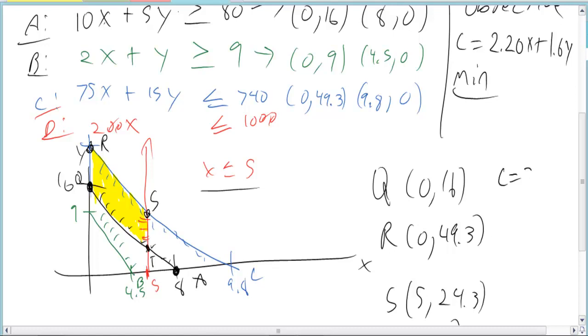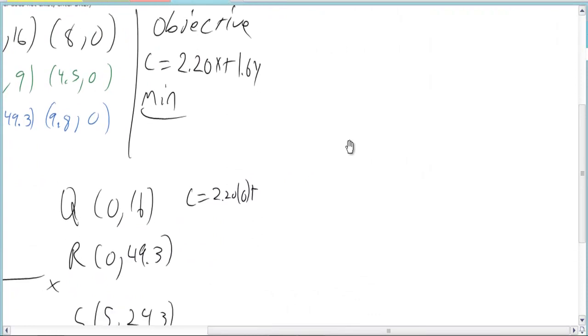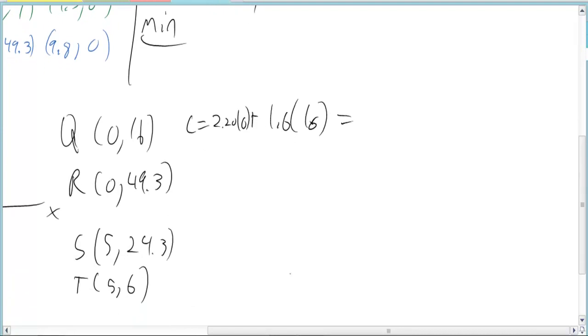So this is going to be $2.20 times 0 plus, here, I'll scoot this over so I have more space, 1.6 times 16, and that's going to give me some value. And to kind of make a point, I'm not going to even care what that value is because I have to do this for all my equations anyway. So now, do I really need to be writing out 2.20 times 0? Of course not.